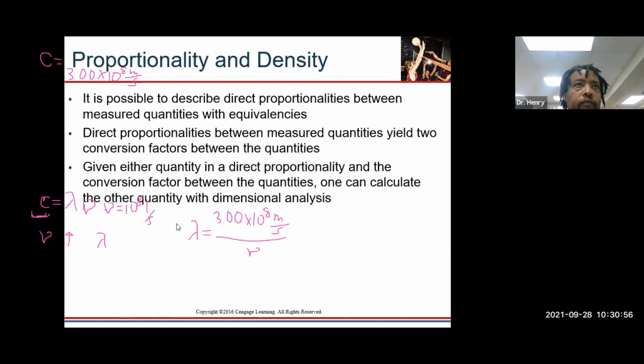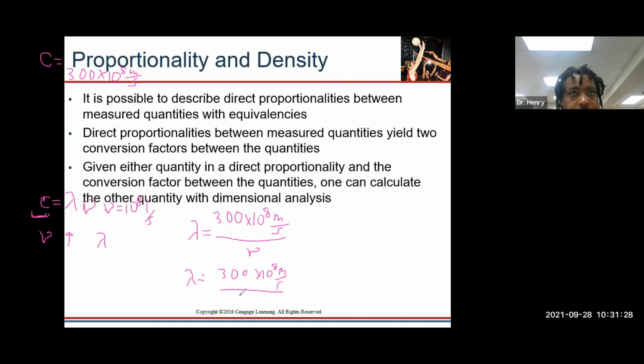If we solve for lambda, if nu is 10 to the 8th, we put in 10 to the 8th for this equation. So we get 3.00 times 10 to the 8th meters per second.